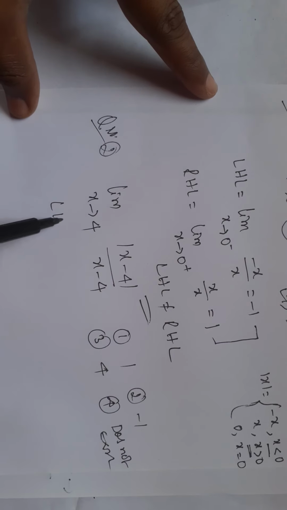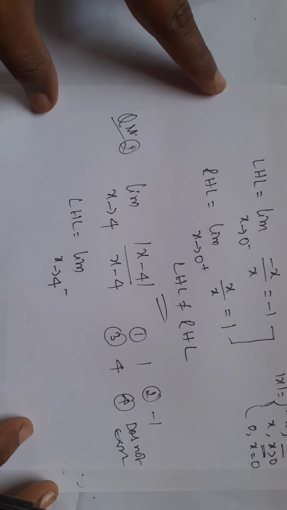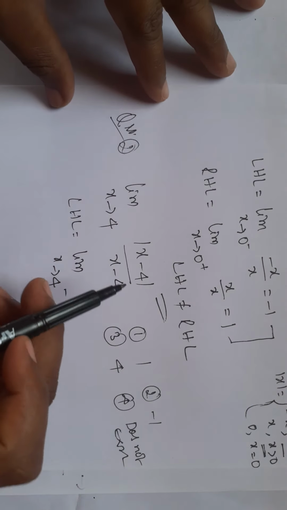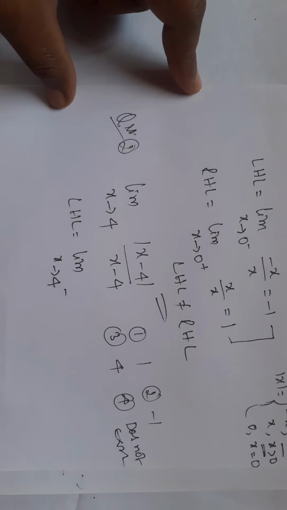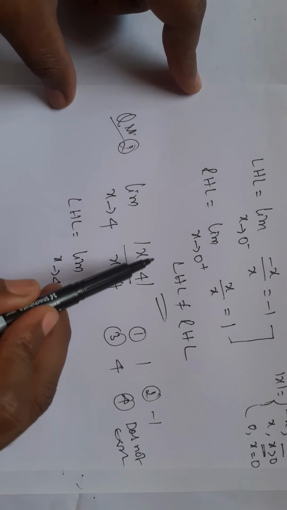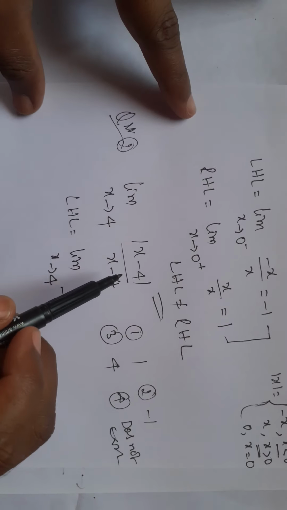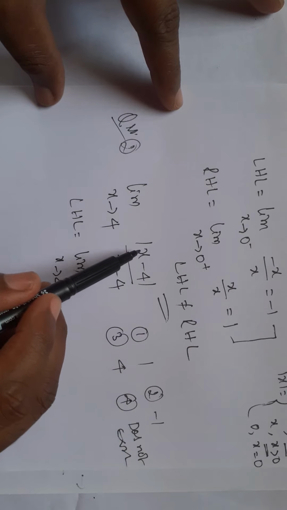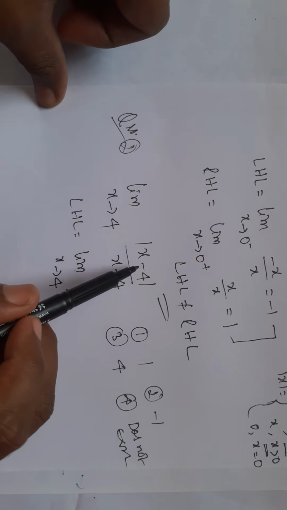When you think of LHL, it is the limit as x tends to 4 minus. The mod x definition you know, but here it is the modulus of x minus 4. For 4 minus, below 4, the quantity inside the modulus is negative, because take a value smaller than 4, say 3, it becomes 3 minus 4, which is minus 1, negative.